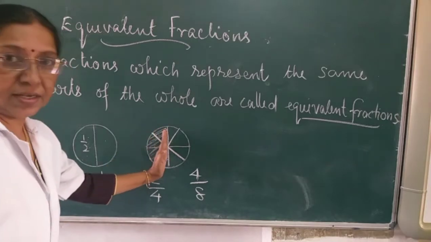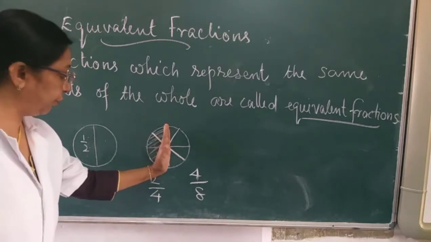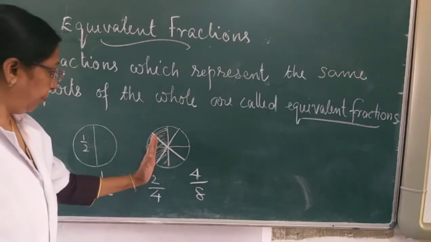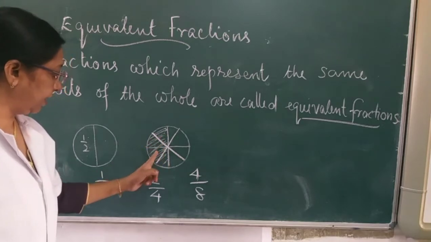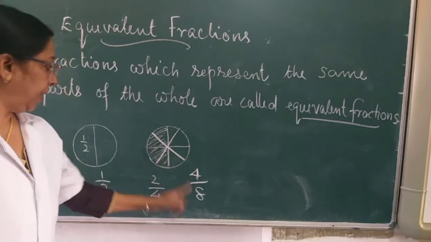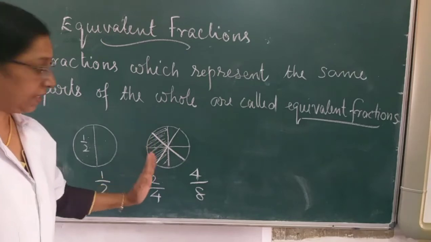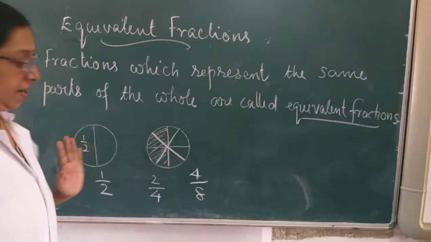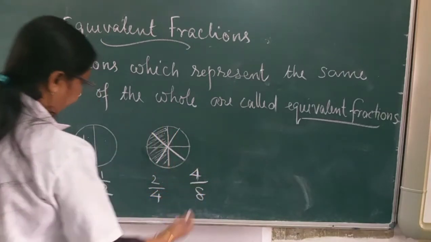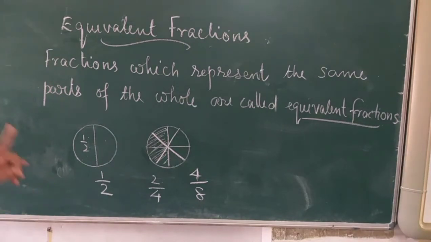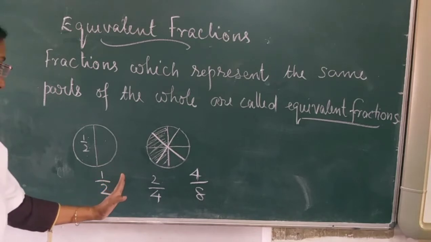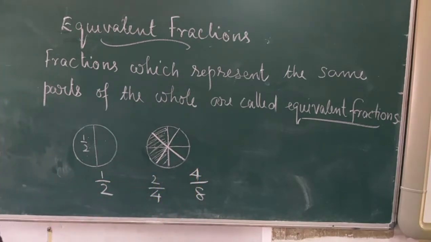This represents half of this whole, isn't it? The fraction for this shaded region is 4 by 8. But this shaded region represents half of this whole. So 4 by 8 is also an equivalent fraction of 1 by 2. These are all equivalent fractions.